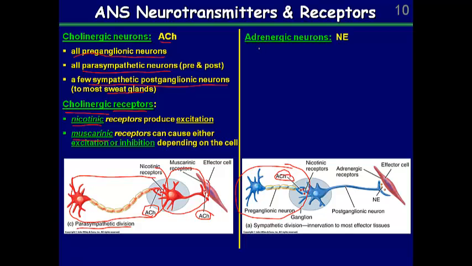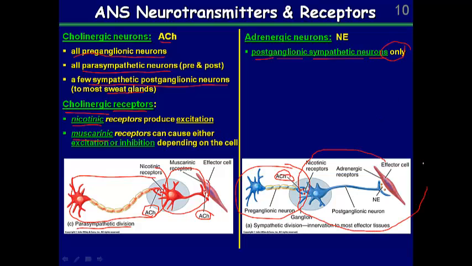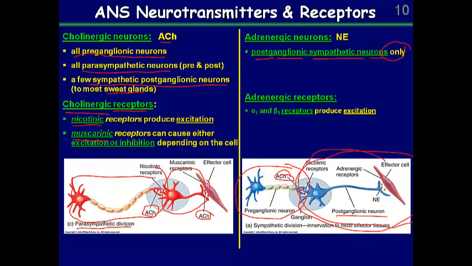Okay, let's look at adrenergic neurons. So who are the adrenergic neurons? The postganglionic sympathetic neurons only. So that's right here. That's a postganglionic neuron of the sympathetic division releasing norepinephrine. The receptors that recognize norepinephrine are classified as betas and alphas.